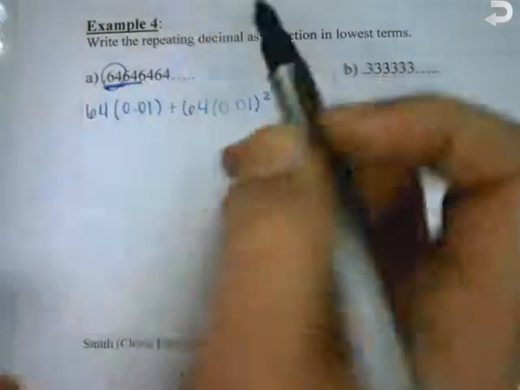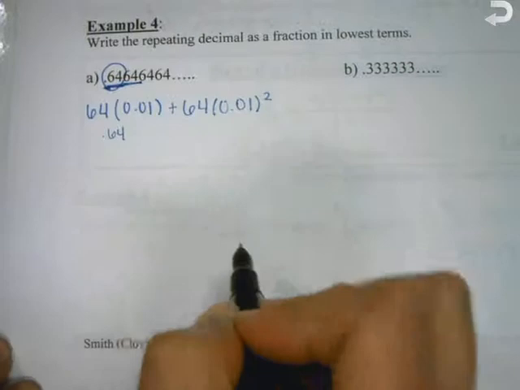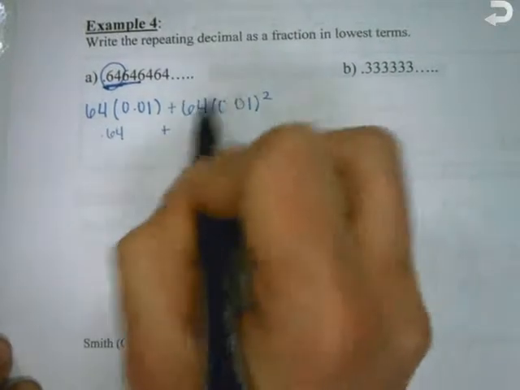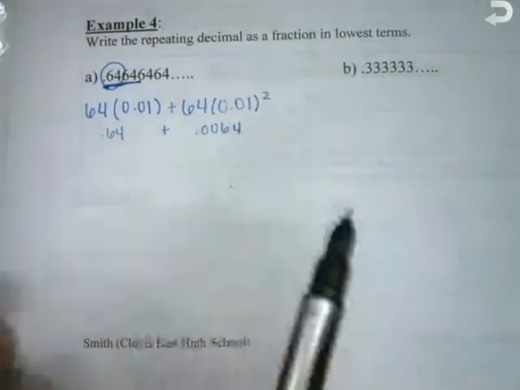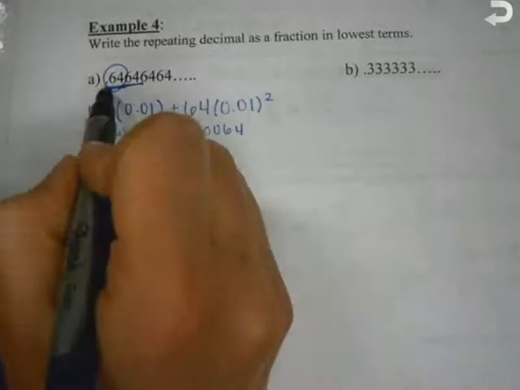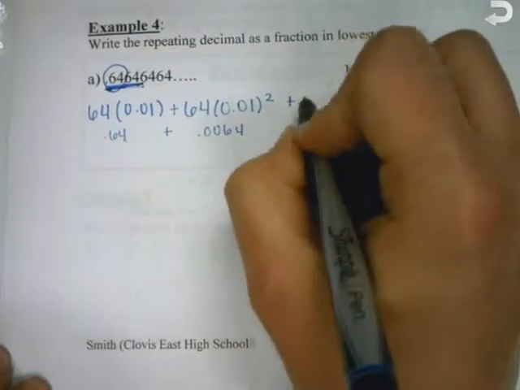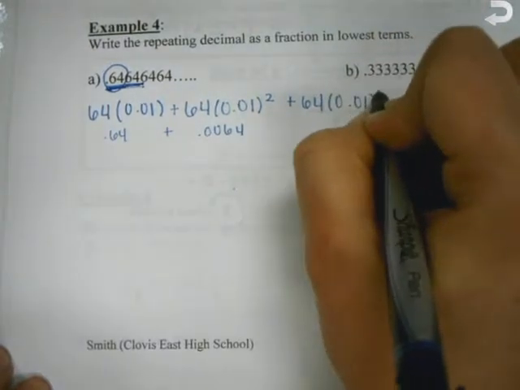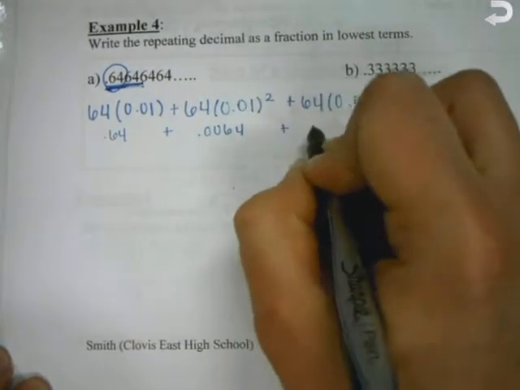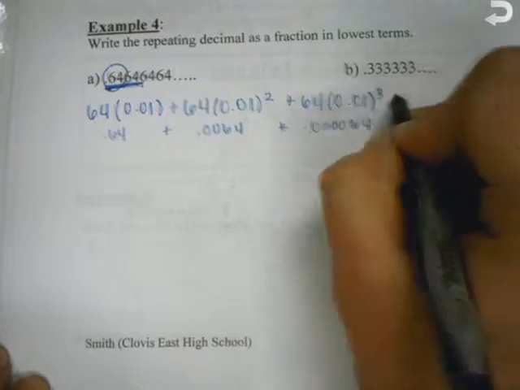This right here is 0.0064. So does adding this and this together give me this part right here? So what would the next one be? 64 times 0.01 to the third, because that would give me 0.000064. Dot, dot, dot, so on and so on. Does that make sense? Okay.